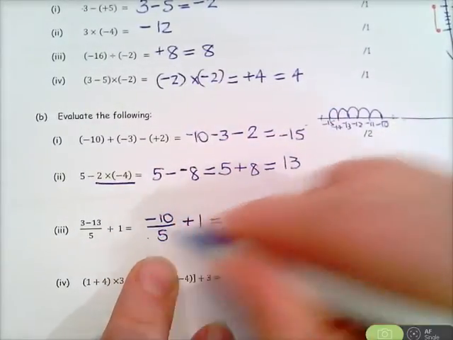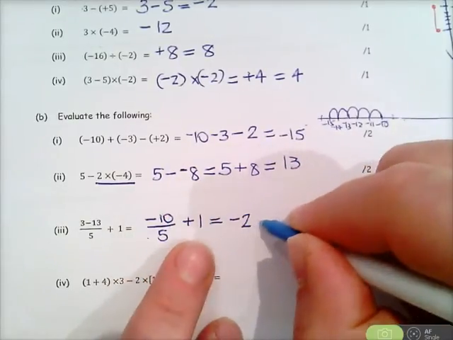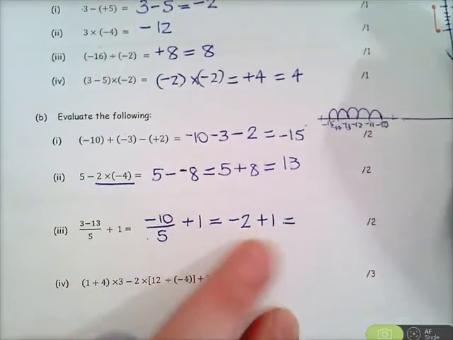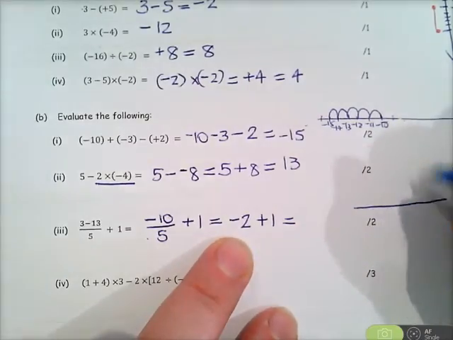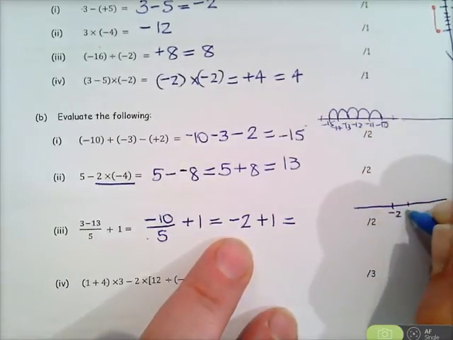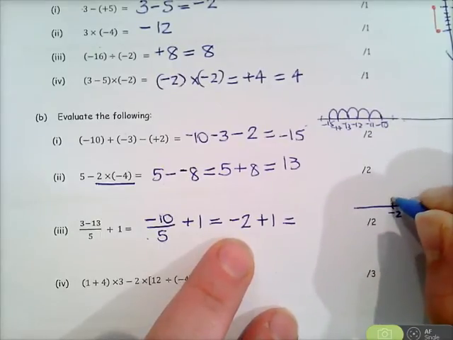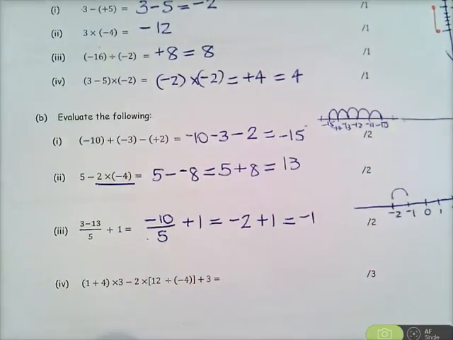Now, a negative divided by a positive is a negative. 10 divided by 5 is 2. And then I've got plus 1. So I've got negative 2 plus 1. If I can draw a number line here if I want. And I start at negative 2 and I'm adding 1, and I will end up with negative 1.